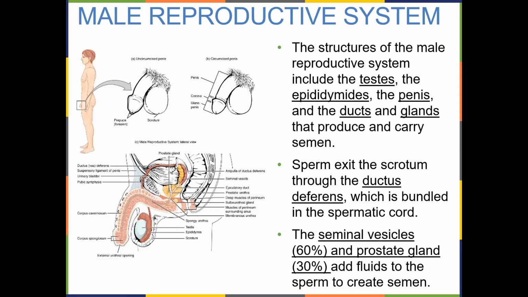It travels through the ductus deferens from the testes up to an area behind the urinary bladder, where it combines with the seminal vesicles and picks up about 60% of its semen. Sperm cells need semen to swim in.